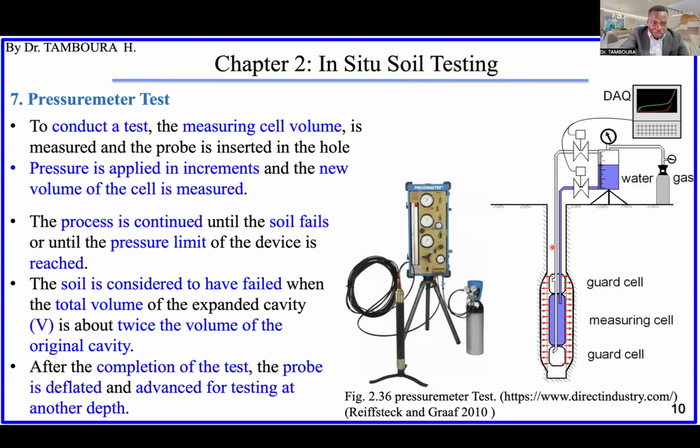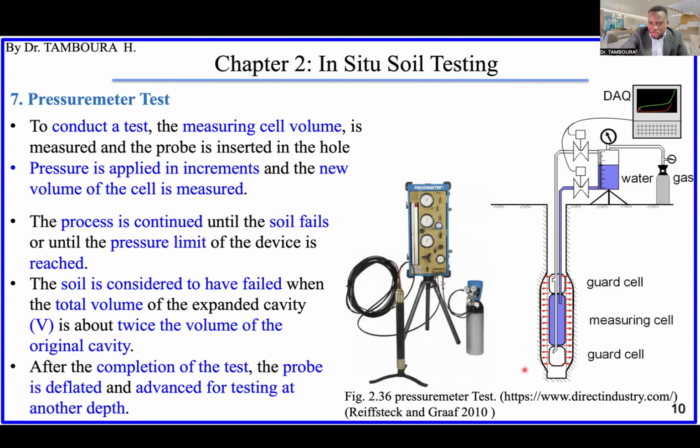So here is how it works. After completing the test at this place, for example, you make the probe come back to the original shape, which means you deflate it, and you advance for testing at another depth.